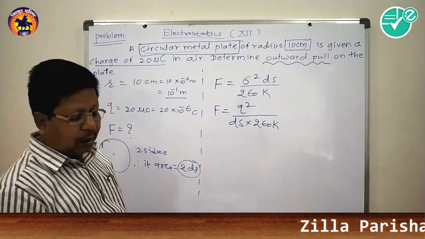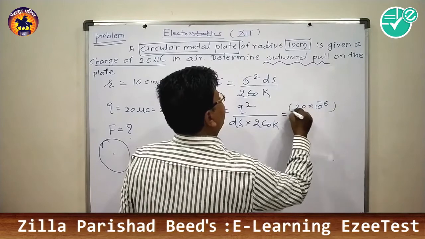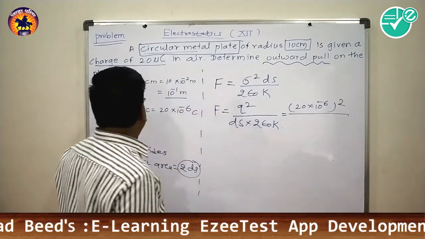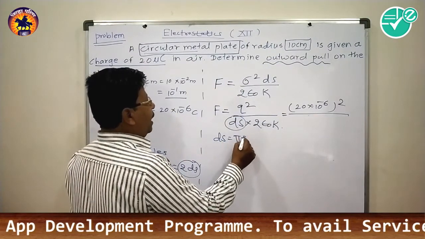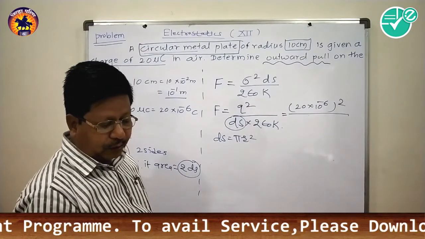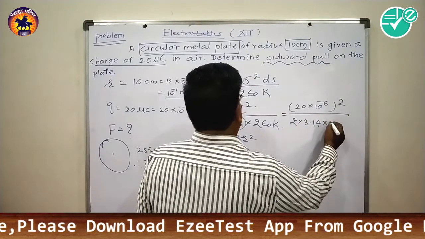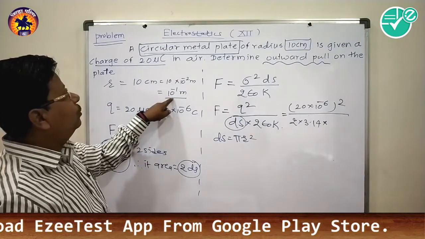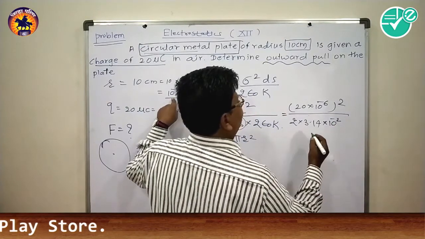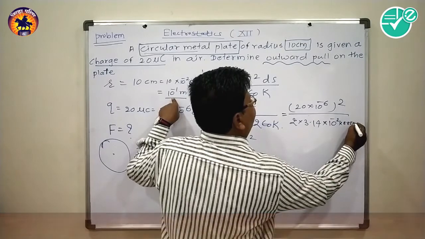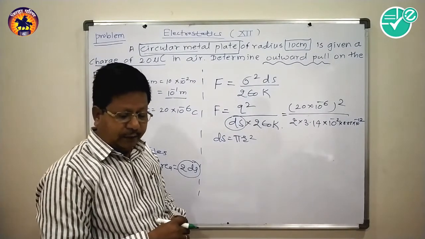Now if we substitute the values, q square, 20 into 10 to the power minus 6, bracket square, divided by dS, dS is nothing but pi r square, which is equal to 2 into 3.14 into radius 10 to the power minus 1, its square, which is 10 to the power minus 2, again multiplied by 8.85 into 10 to the power minus 12, and the value of K is 1.